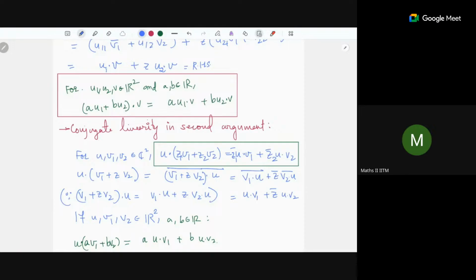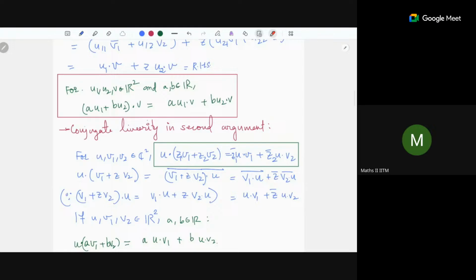In the conjugate linearity, we have a linear expression in the second coordinate, and while performing the dot product with the complex number, the complex number zi comes out as its conjugate.